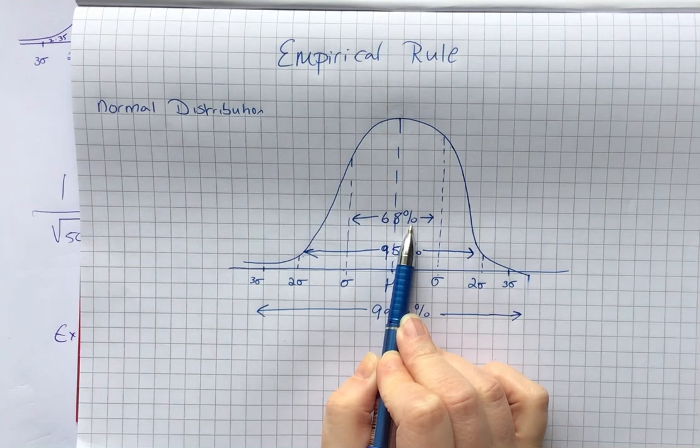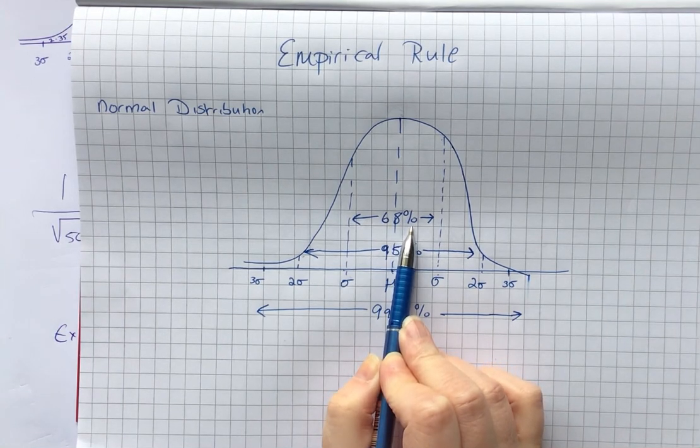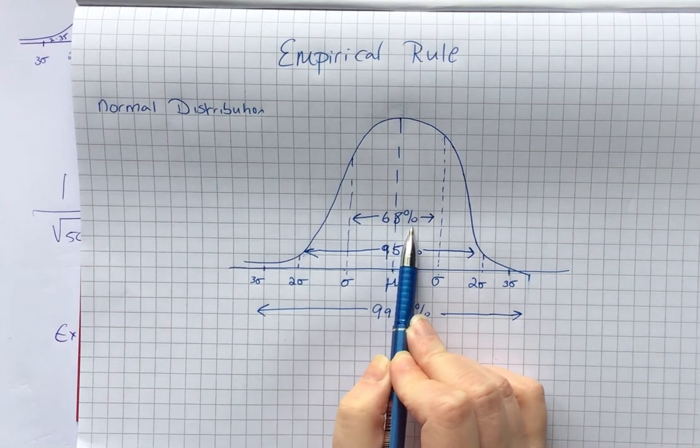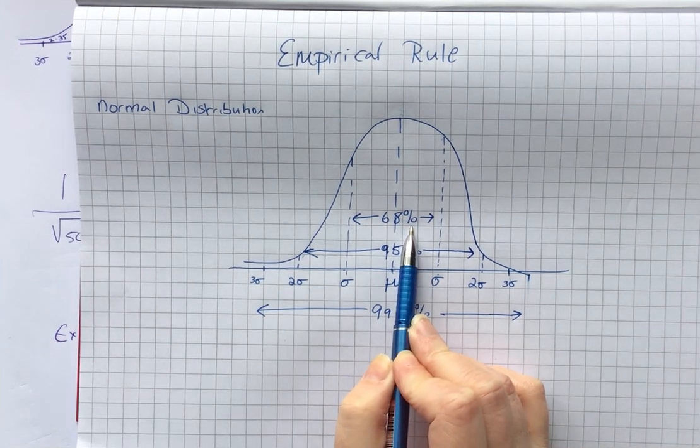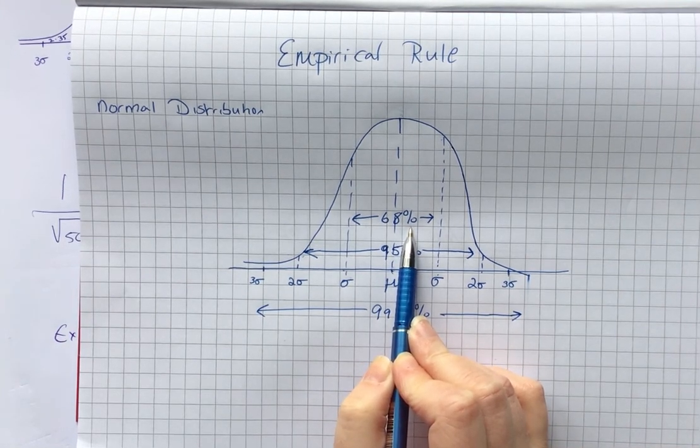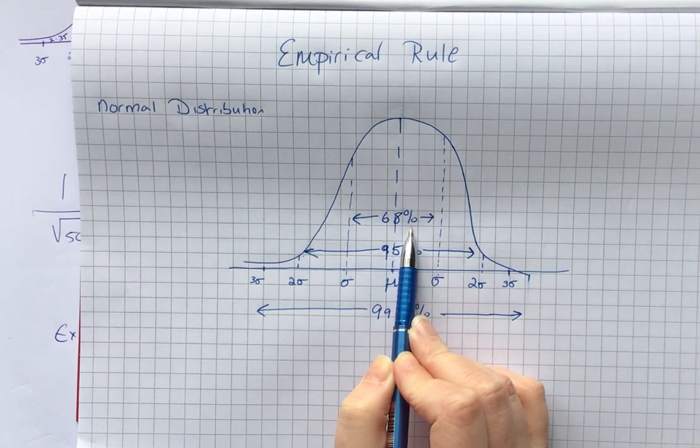Okay, that has been proven over and over again, that in things which follow a normal distribution, 68% of people in the data that you have collected should lie within plus or minus one standard deviation of the mean, okay?